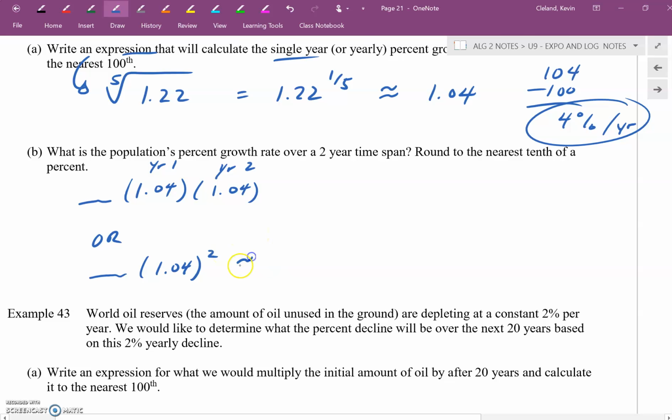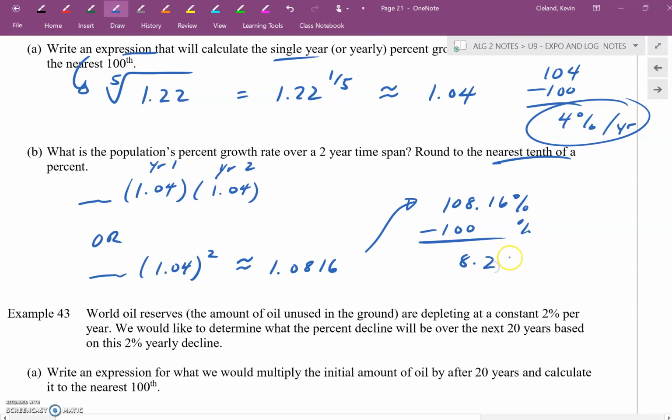Here I'm getting approximately 1.0816. Let's see. So then remember that is 108.16%. I'm subtracting 100. And I'm getting 8 to the nearest tenth, 8.2% growth over that 2 year time span.